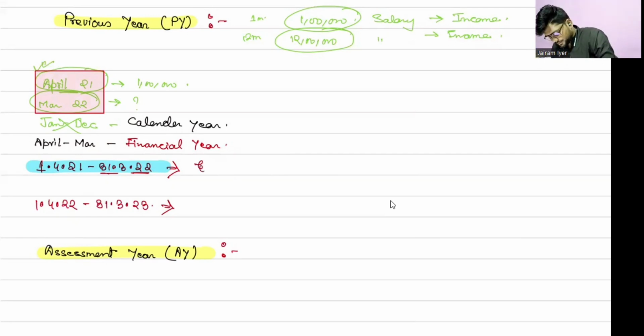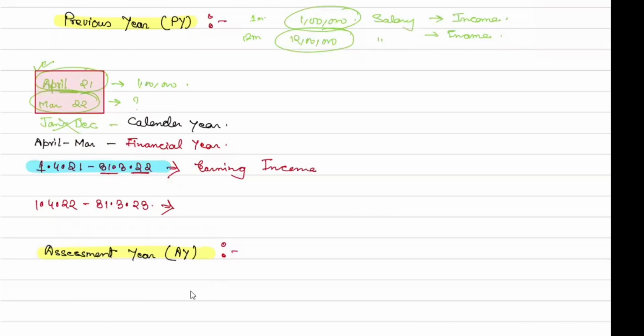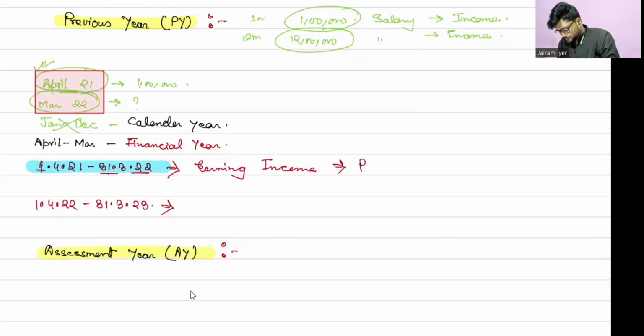So this is the year when she is earning the income. She is earning the income. And this is what we call previous year.